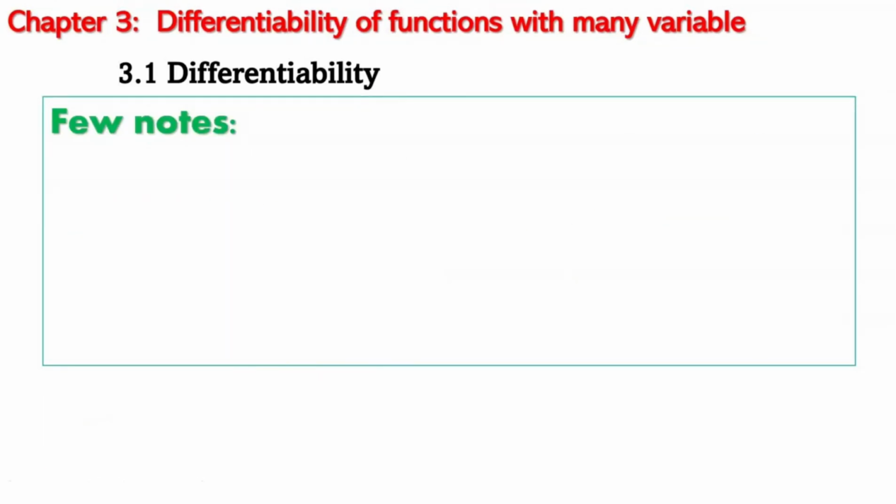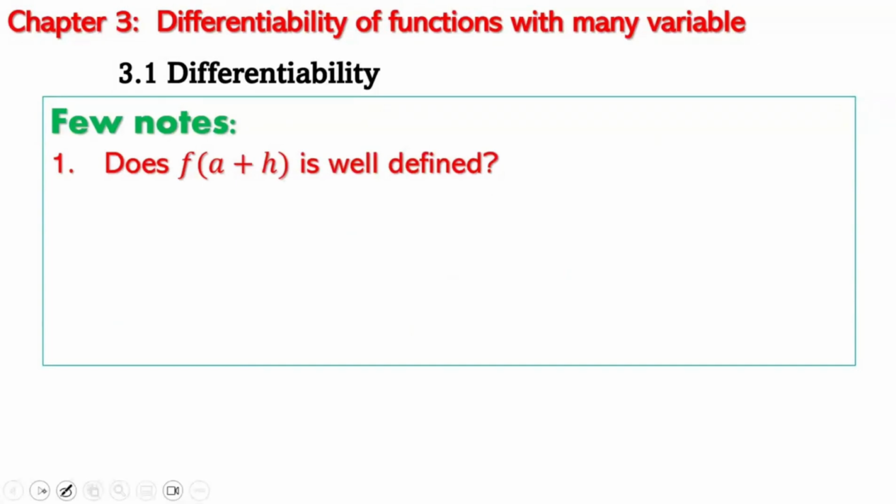Now we try to give a few notes about these notations. We are saying that f of a plus h can be expressed in that form, but the first question that arises is whether f of a plus h is well defined. Let's see that.